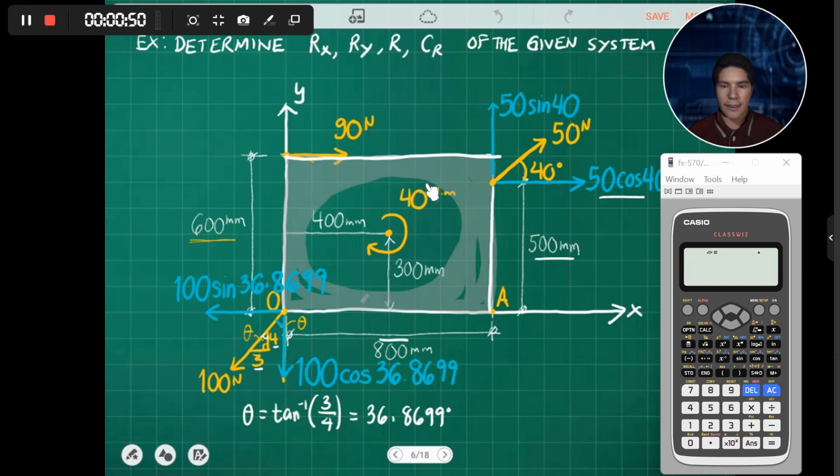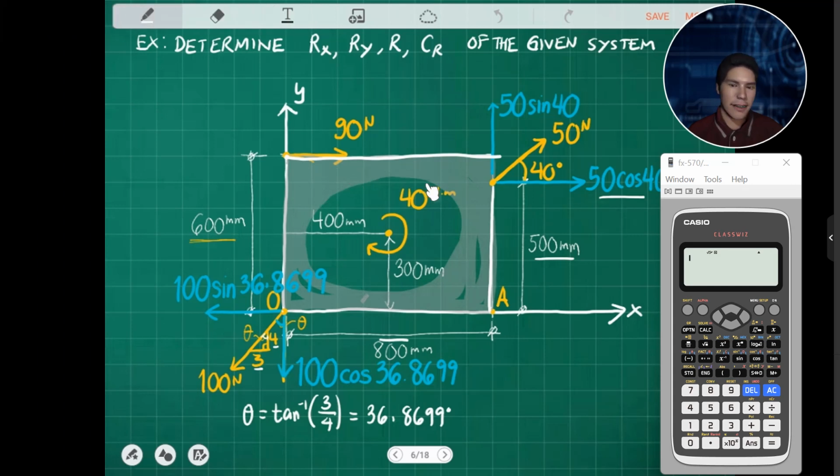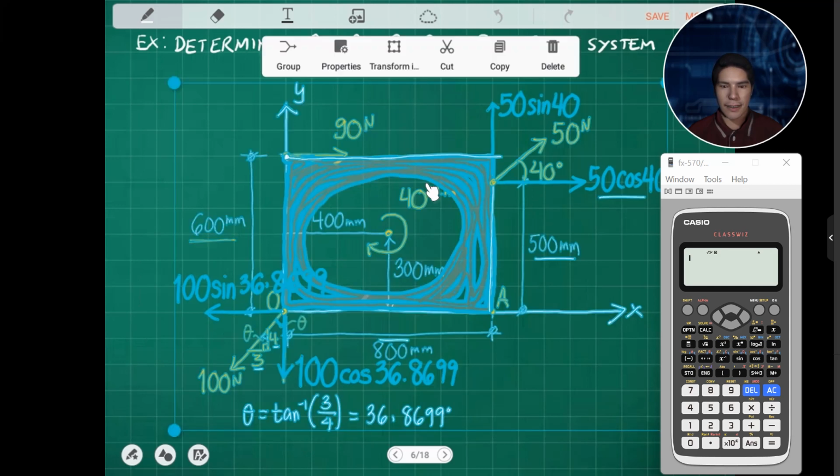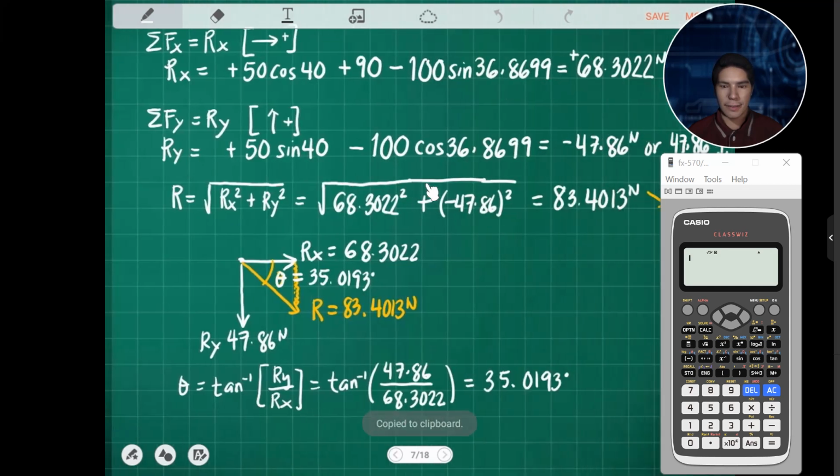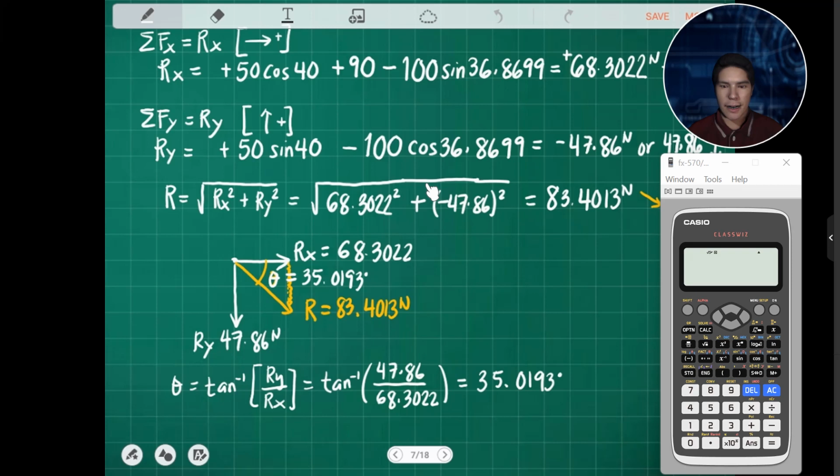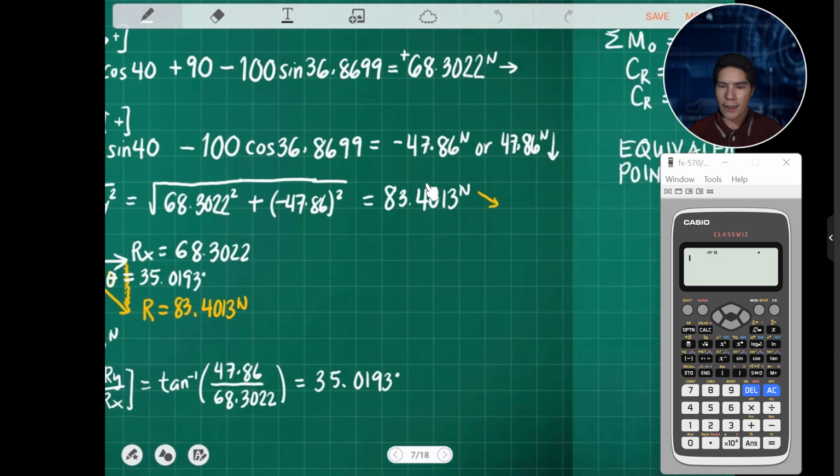Okay, let's get started. I just need to copy the system. So this is what we computed: Rx, Ry, R, and also the CR.